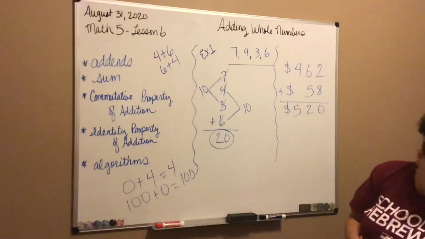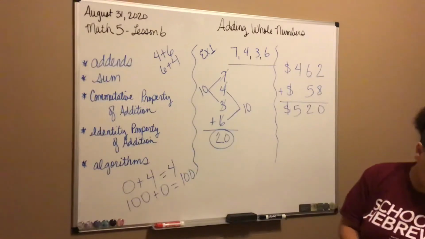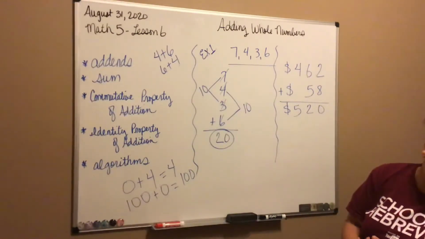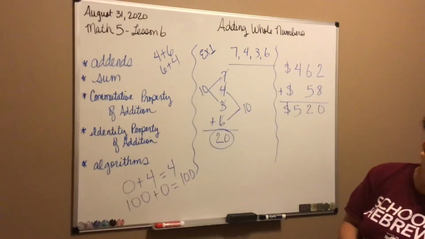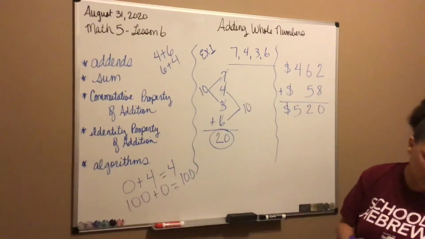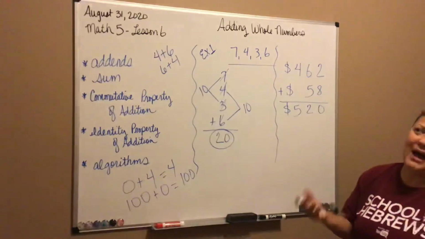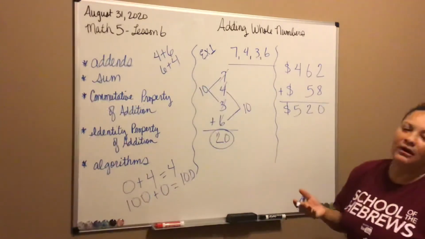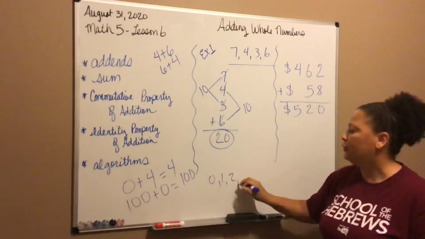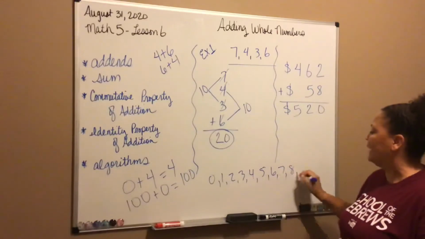So we're going to move on to example number 2. It says, so 4 one-digit whole numbers are added. Is the sum more than or less than 40, and how do you know? So if you have 4 one-digit numbers, right? The highest one-digit number, remember we have 0, 1, 2, 3, 4, 5, 6, 7, 8, and 9, right?